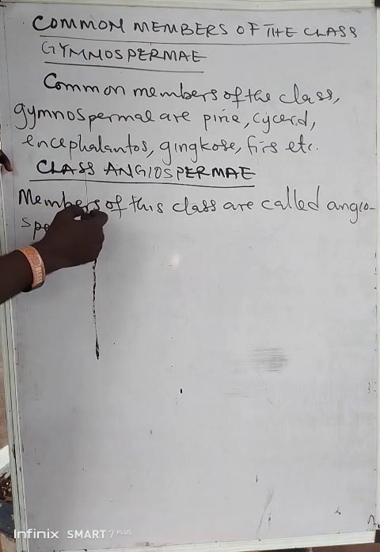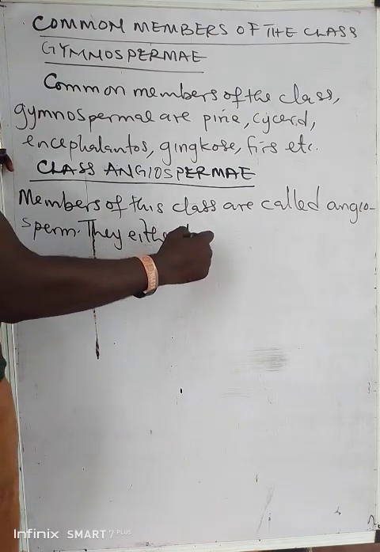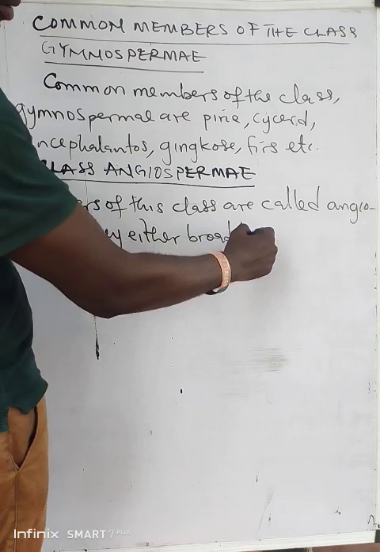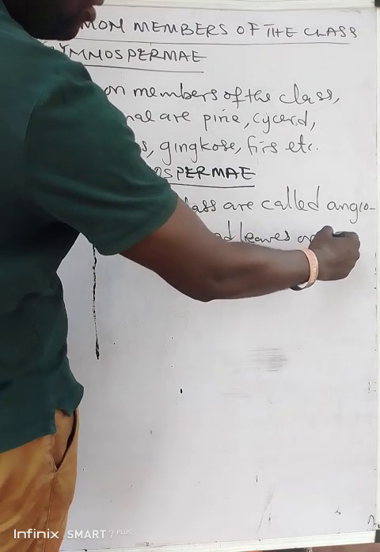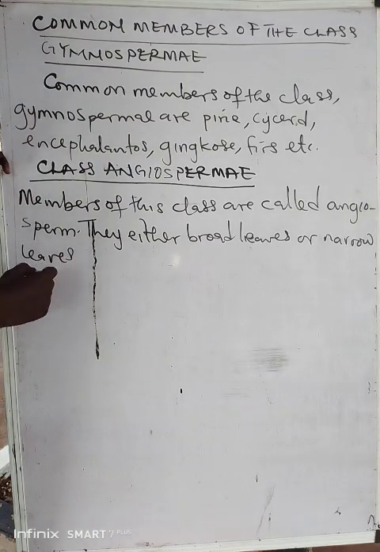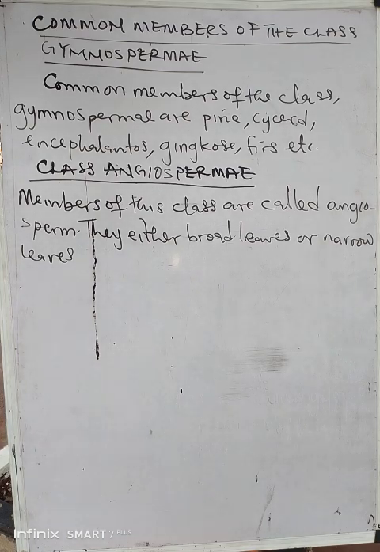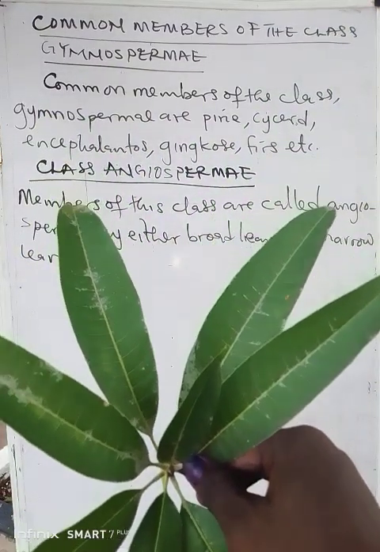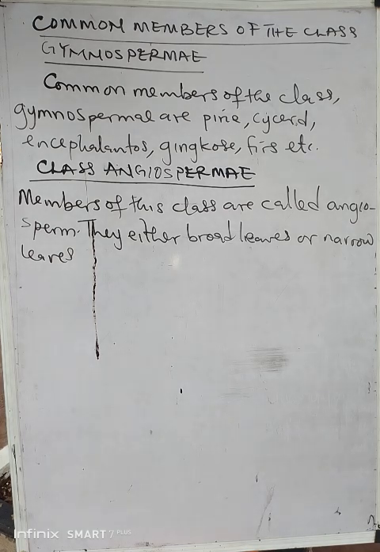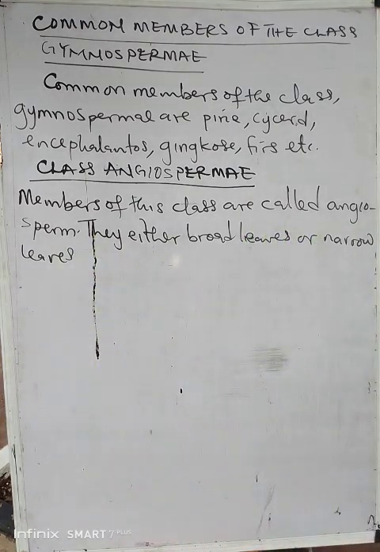So they either have broad leaves or narrow leaves. Unlike the one we did now that have needle-like leaf. No, these ones have either broad leaves or narrow leaves. Like this mango now, this is broad leaves. Then the grasses can have narrow leaves. So that is one thing about them.